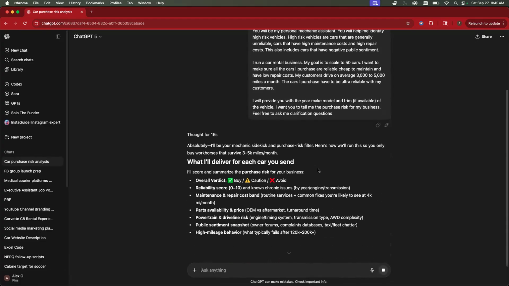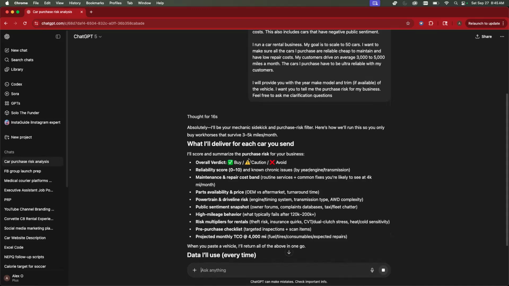All right. So it's even here, telling us what it's going to deliver: buy, caution, or avoid. Reliability on a score of 0 to 10, year, engine and transmission, the maintenance and repair cost, parts available and price, powertrain, driveline risk, public sentiment, high mileage behavior, risk multipliers for rentals, pre-purchase checklist, and then projected monthly TCO.